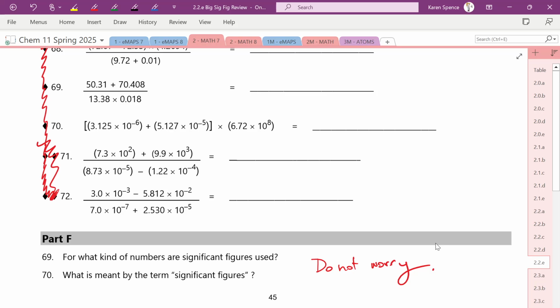If you get it wrong and I can see where you went wrong, I can give you feedback, but your answer is either going to be correct or incorrect. So we good? Shall we move on to 2.3?